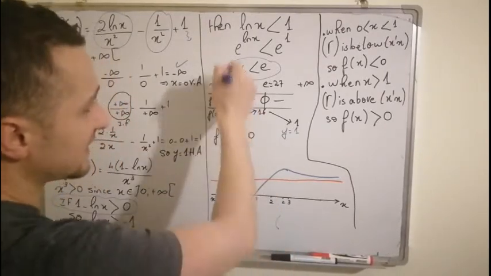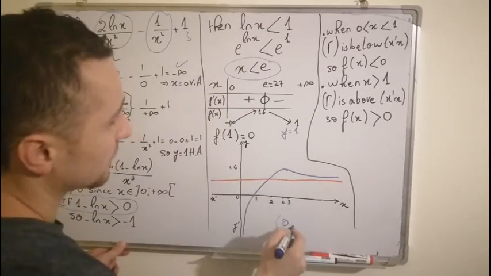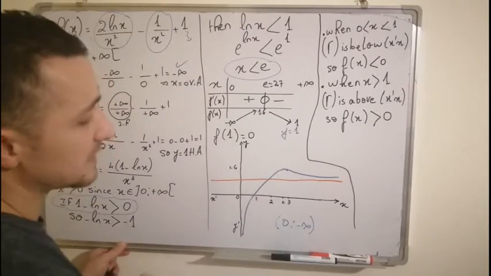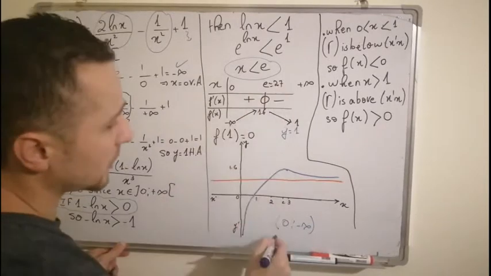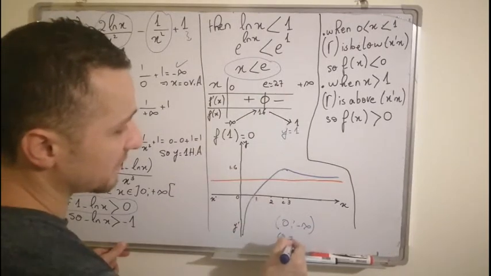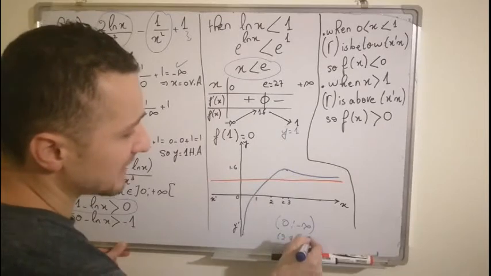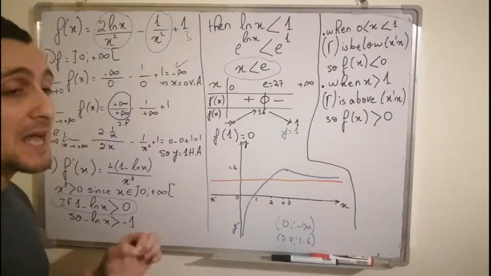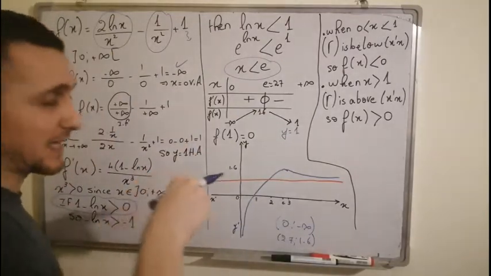We read on the vertical side 0, minus infinity. This is the point (0, minus infinity). The second point is (2.7, 1.6), and this point represents the maximum of this curve.